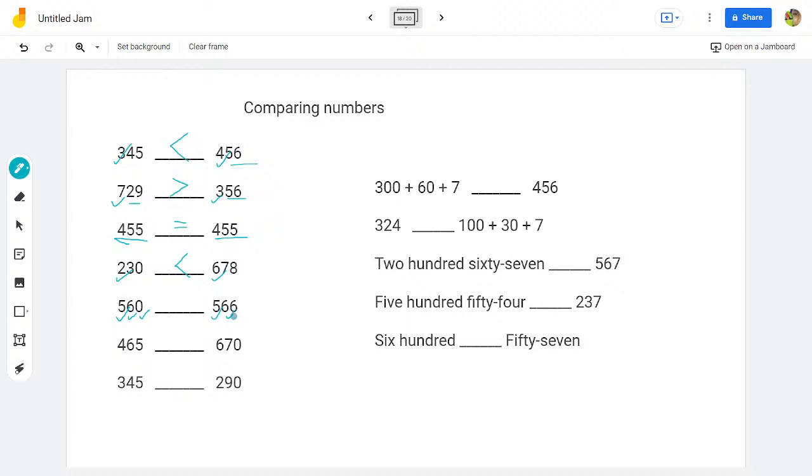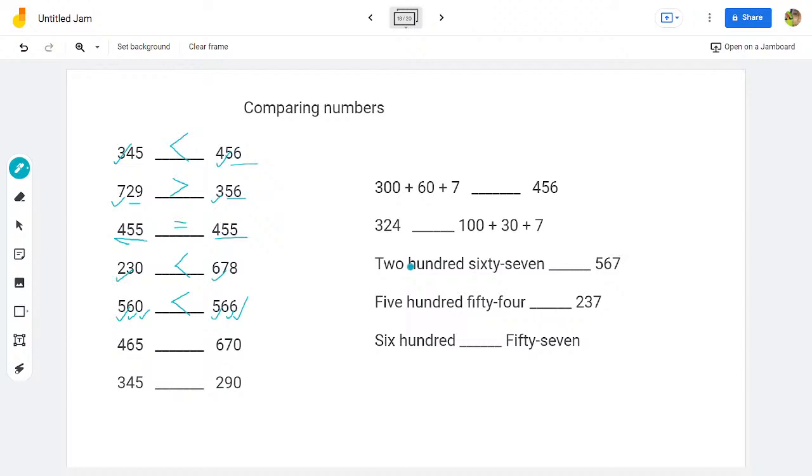Here we have a 0 while here we have a 6. Now 0 is less than 6. 0 6 से कम होता है, which means 566 is more than 560, which means 560 is less than 566.